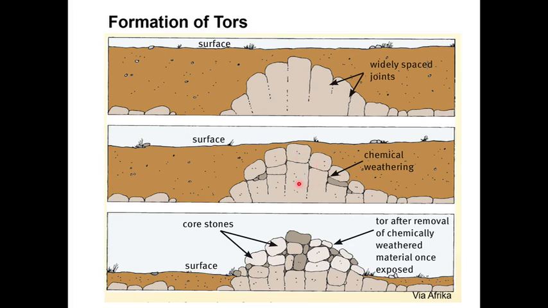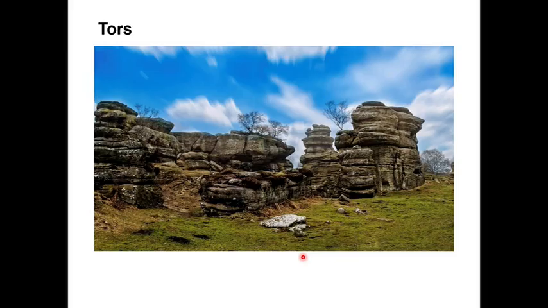And once all these stones have been formed, this whole top material has been weathered and eroded, and then this is exposed. Then it seems like a lot of coarse stones, as if one has packed one stone above the other. As you see, it's a completely natural process, and you get beautiful features like this.